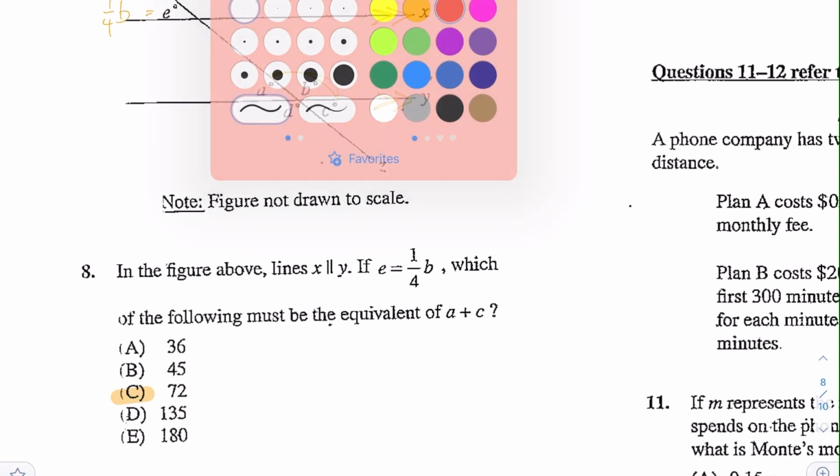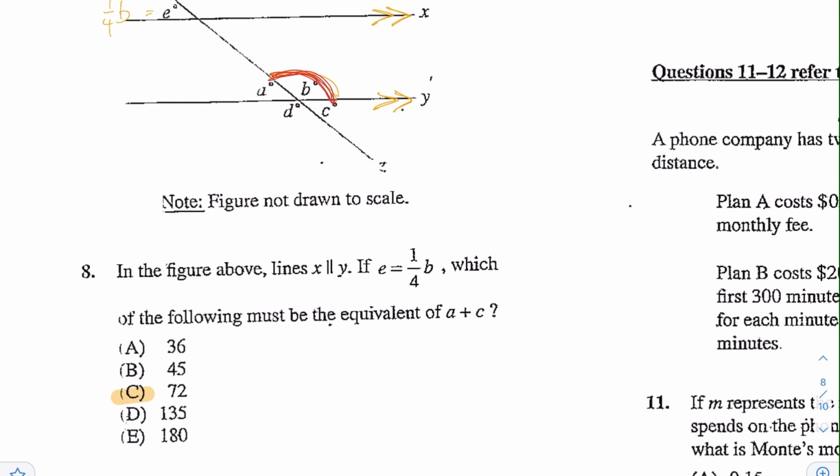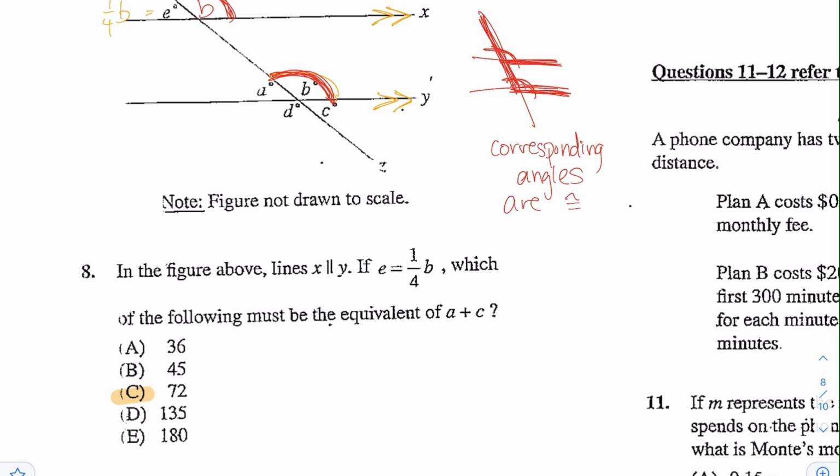Now, because you have parallel lines, you know that this angle B is also equal to this angle over here. And that's because we have a classic setup called corresponding angles. So corresponding angles, they form this letter F. And the angles here are congruent. So I always look for the letter F here.